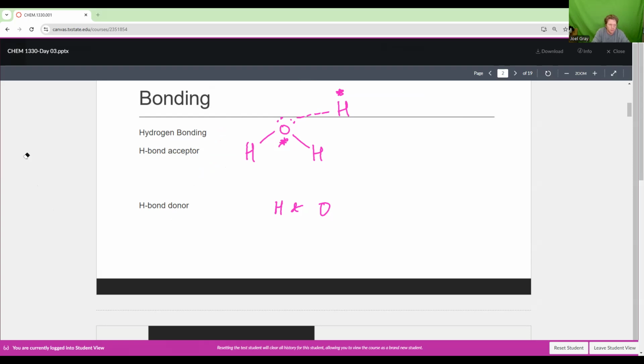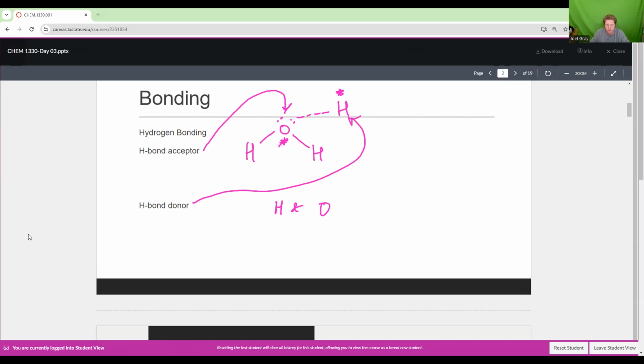This is our donor, and this is our acceptor. Okay, so with that in mind, we have one of the important parts about bonding, hydrogen bonding.